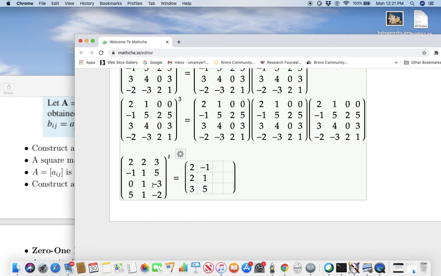That's the third row of my first matrix; I'll convert it to my third column. This is the last row; I'll convert it to the last column. So transpose results in a different size matrix where rows are converted to columns.